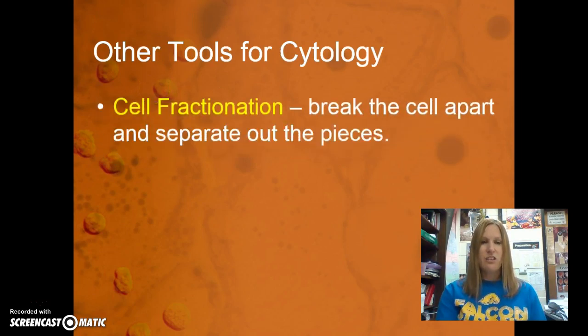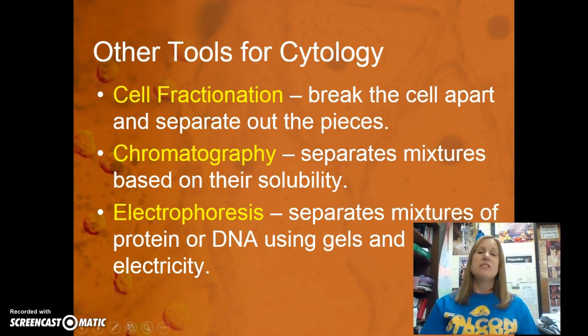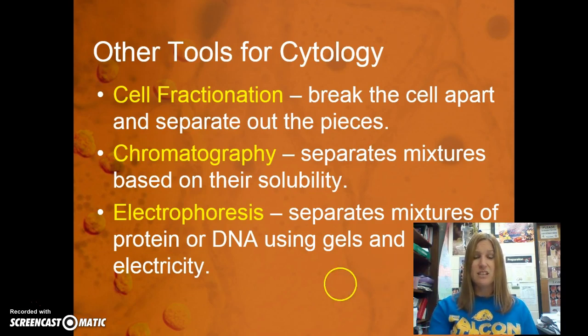Other tools for cytology. One is cell fractionation. This is when we break the cell apart and separate out the pieces. Chromatography is when we separate mixtures based on their solubility. And electrophoresis separates mixtures of protein or DNA using gels and electricity.